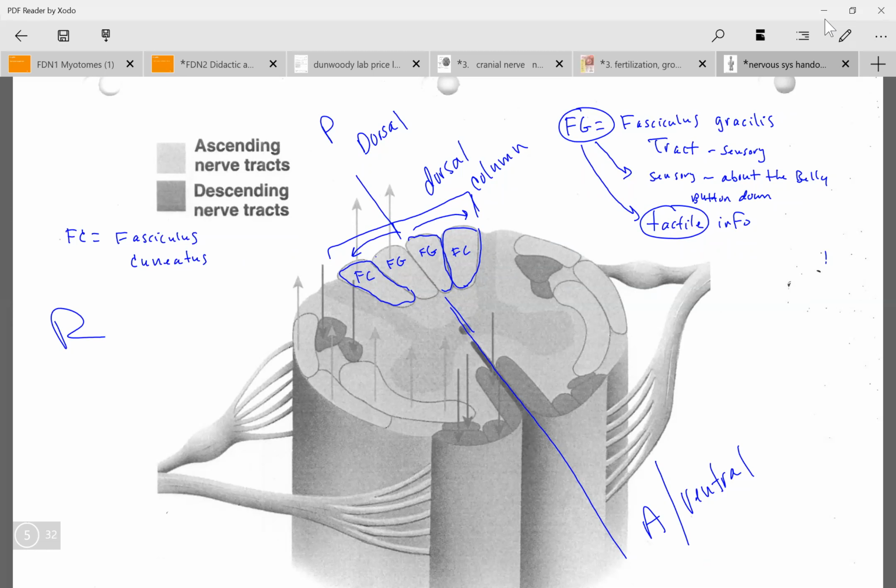This one, the fasciculus cuneatus, is also a sensory tract, which means it's going from body to brain, so it's ascending or afferent, and it's responsible for sensory input about the belly button and up.